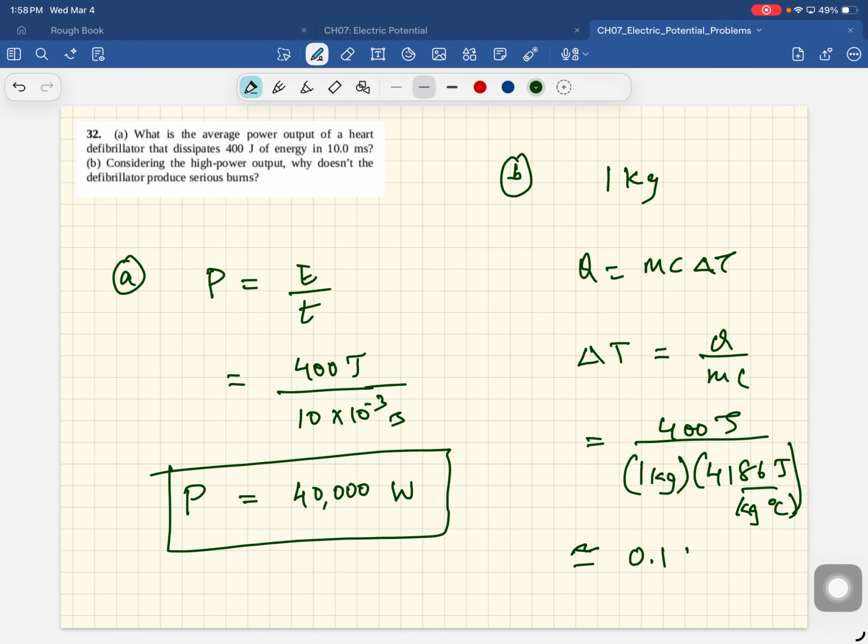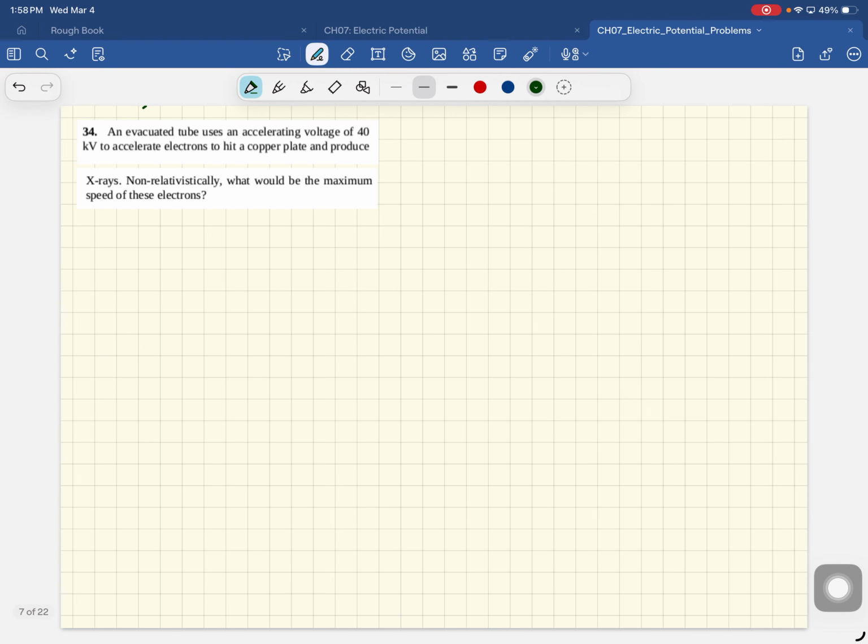And 1 electron volt is 1.6 times 10 to the minus 19 joules. That is the conversion to electron volts. And the mass of the electron is 9.11 times 10 to the minus 31 kgs.